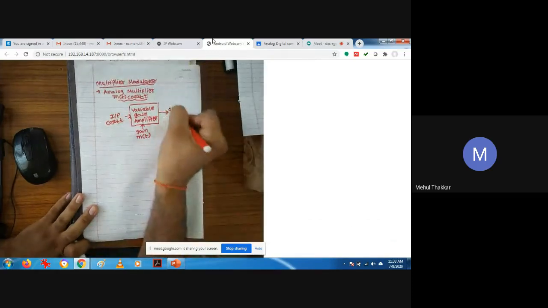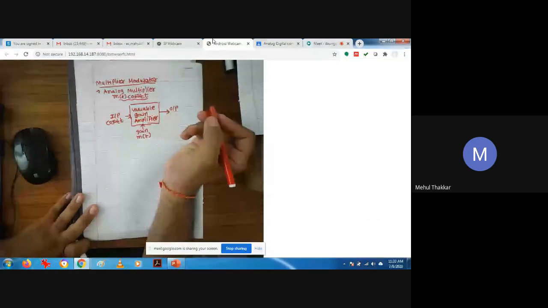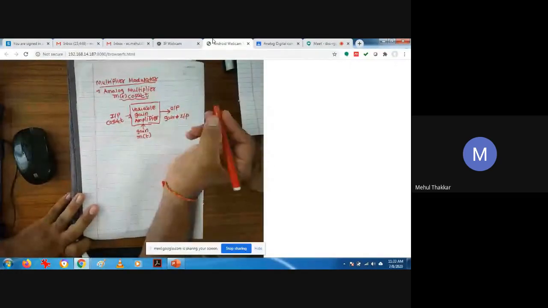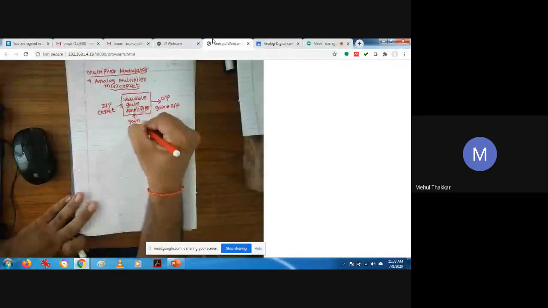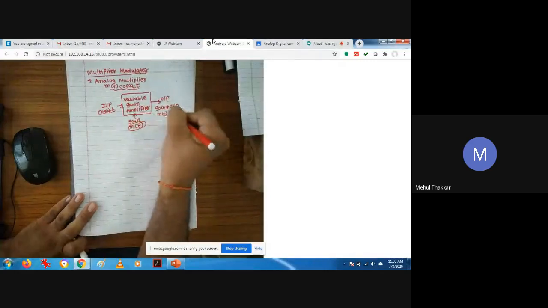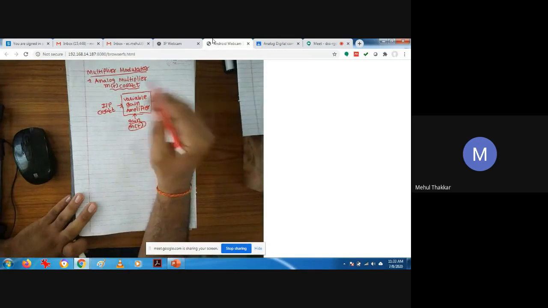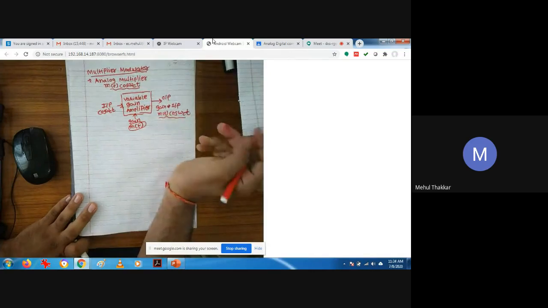The output of the amplifier is the gain into the input, as we have already studied. The gain is controlled by m of t, so the output will be m of t into cos omega ct. This way a variable gain amplifier is used as a multiplier modulator, generating m of t cos omega ct. So this is the multiplier modulator.